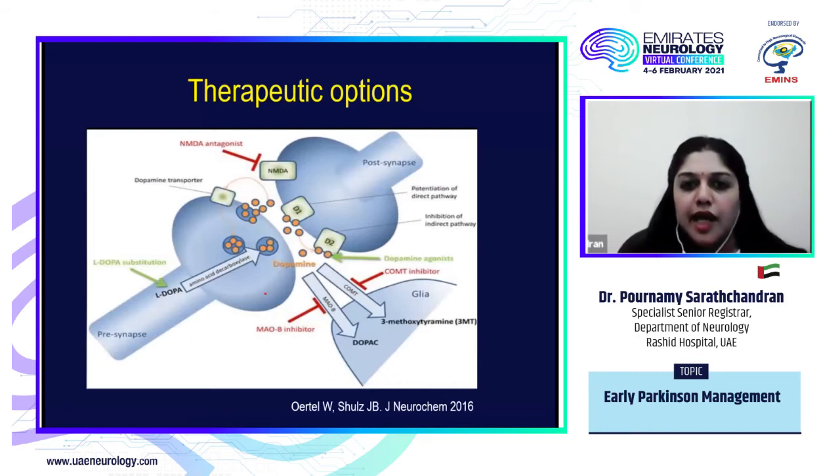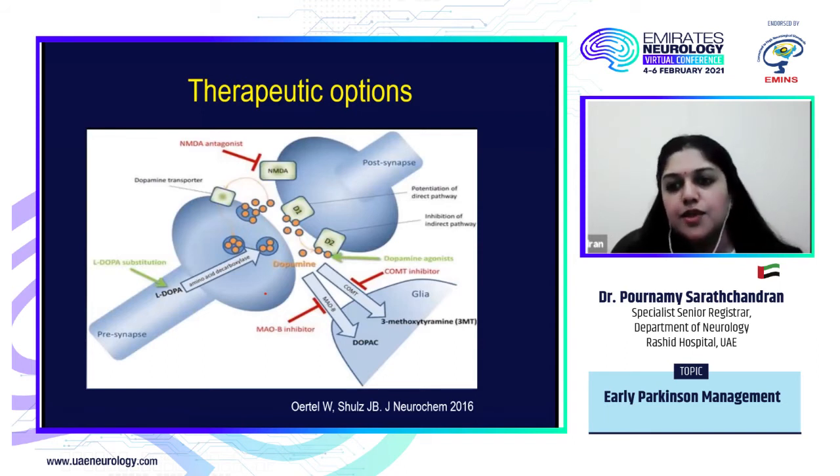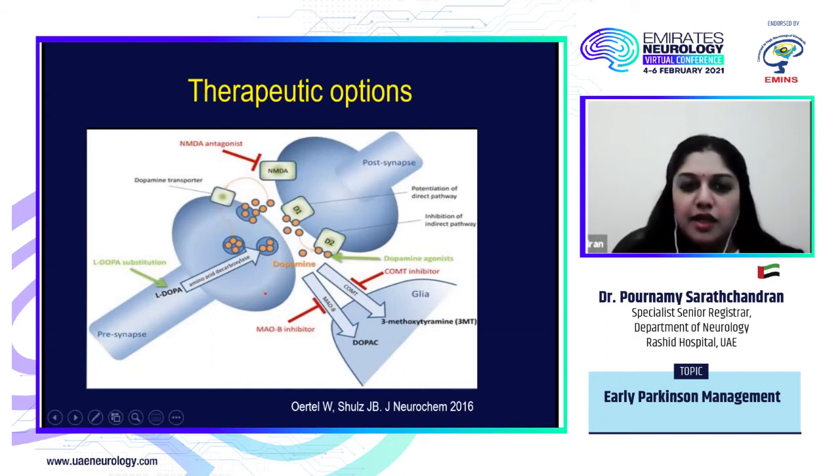So what are the therapeutic options which are available for Parkinson's disease? You know that Parkinson's disease pathology itself is because of reduced dopamine in the nigrostriatal system. So how can we treat Parkinson's disease? Essentially, we have to increase the dopaminergic levels in the nigrostriatal system. So what are the methods? One, you can substitute levodopa.